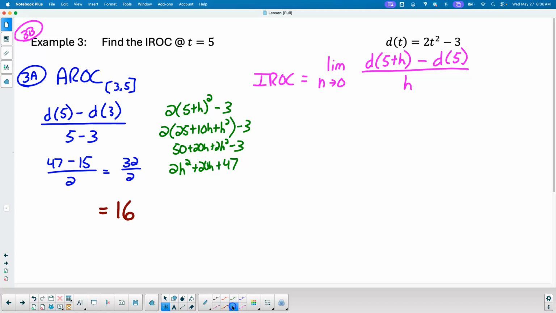Okay. Yes, to answer the question, you still have to write the limit, okay, of h going to 0 until you send h to 0. It's got to be written down.